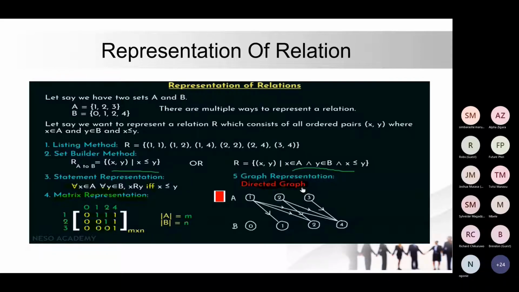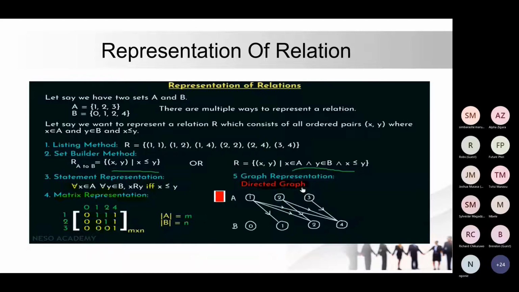Then on set B, I've written 0, 1, 2, 3, 4. We are using the same sets, whereby B is equal to 0, 1, 2, and 4, and A is equal to 1, 2, and 3.